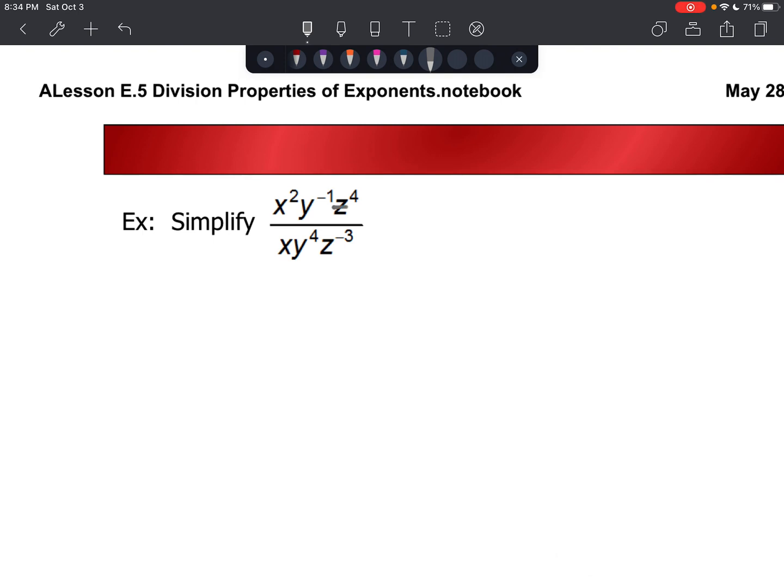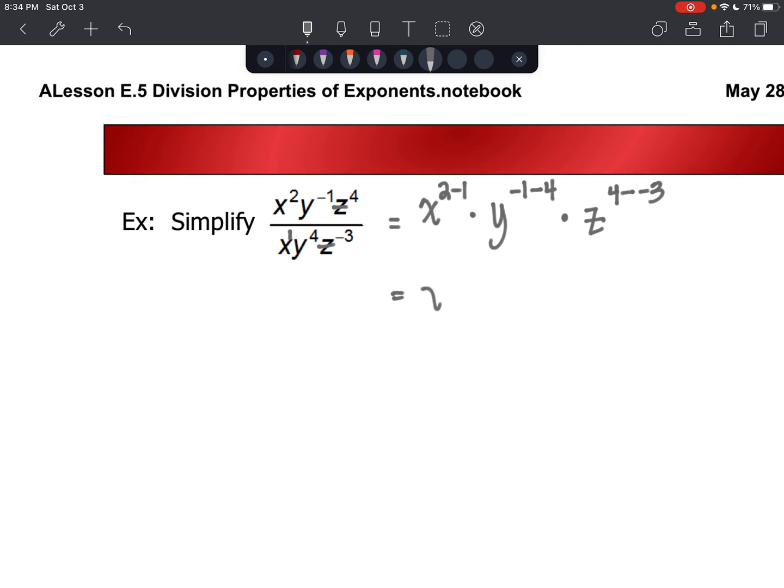Now remember to put the line through your z's. X squared, y to the negative 1, z to the fourth in the numerator. X, y to the fourth, z to the negative 3 in the denominator. So I'd have x to the 2 minus 1 times y to the negative 1 minus 4, always the numerator exponent minus the denominator exponent, times z to the 4 minus negative 3.